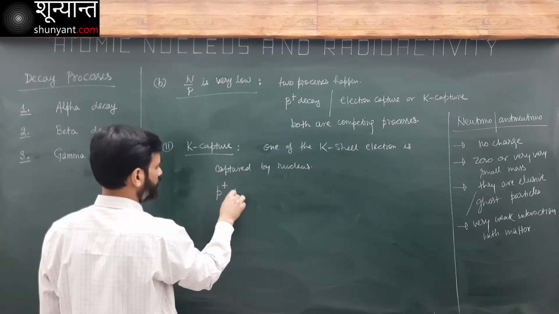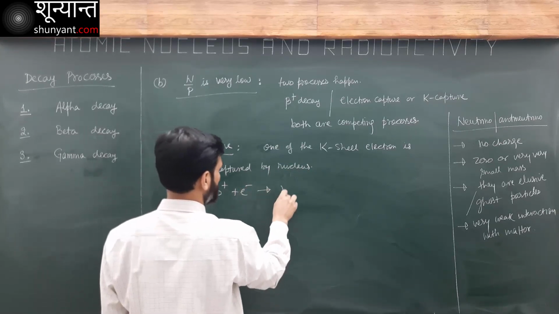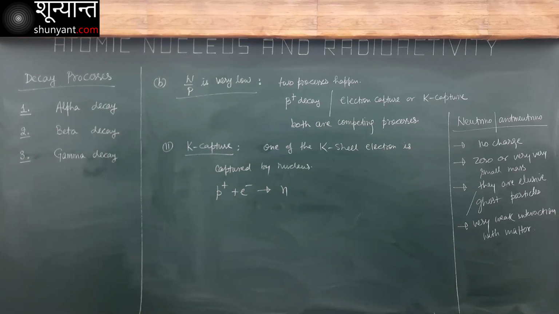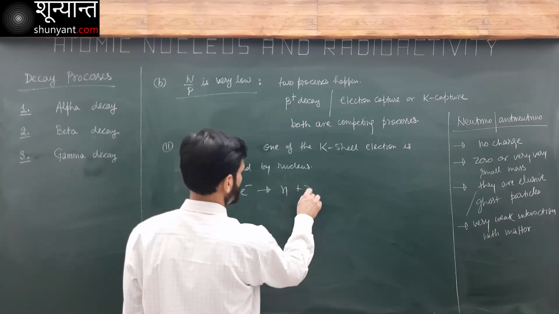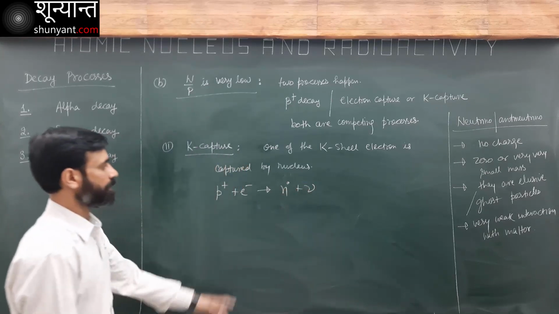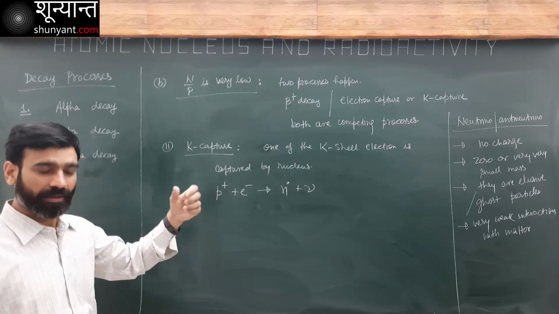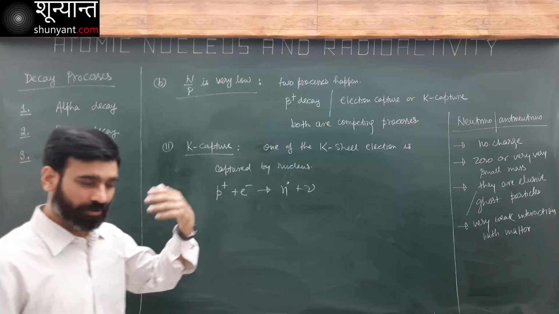A proton will capture one electron and then give a neutron, K capture, and a neutrino here.